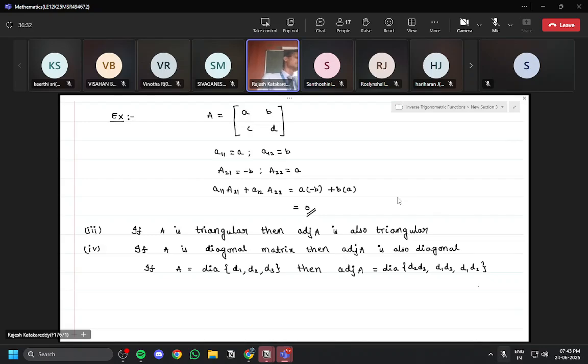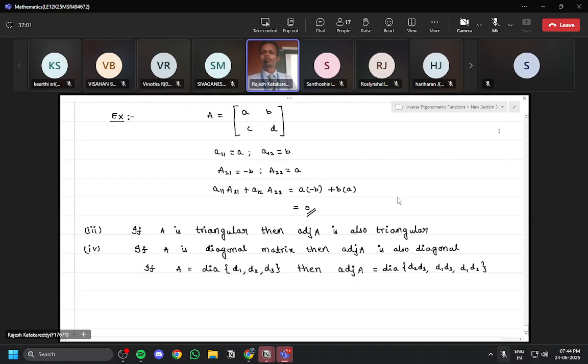Do the transpose, then only you will get it. Clear? Any type I forgot, I will tell about symmetric and skew symmetric in properties. Anything else in types of matrices that we didn't cover? I think we did everything.